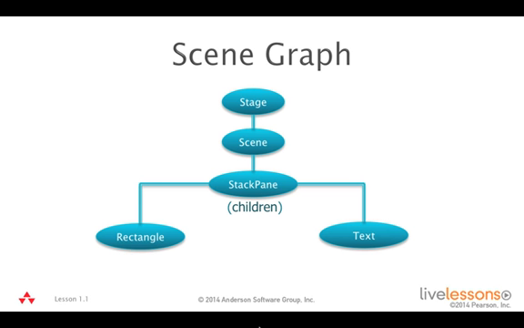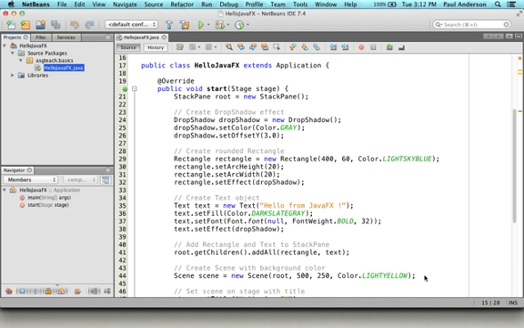Okay, let's show you the JavaFX code now for this program. Here's the code for the Hello JavaFX program. Don't worry about all the Java APIs that you see here. We'll explain how to create and configure these program elements in more detail in upcoming lessons. Now inside the start method, we first create a stack pane as our root element.